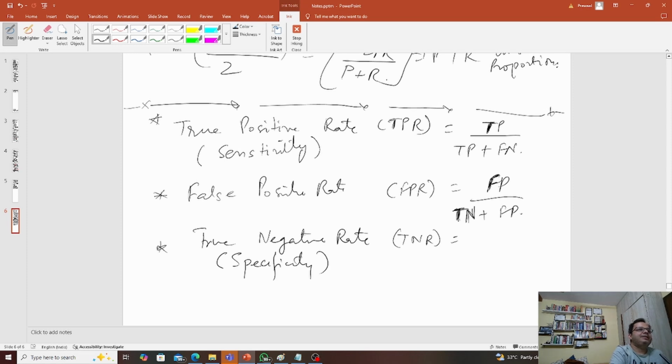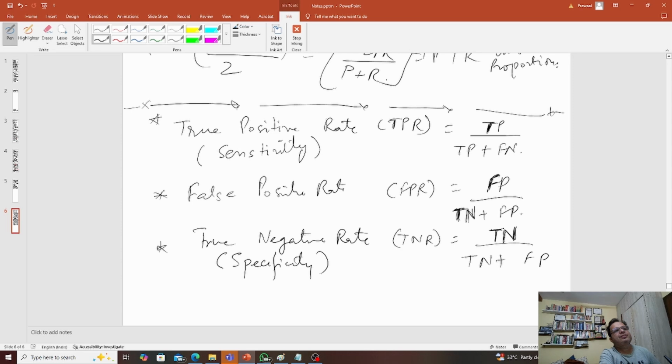So somebody may ask, what is specificity? It is nothing but the true negative rate, which is true negative upon true negative plus false positive. This tells me how good the detection of your true negatives is.